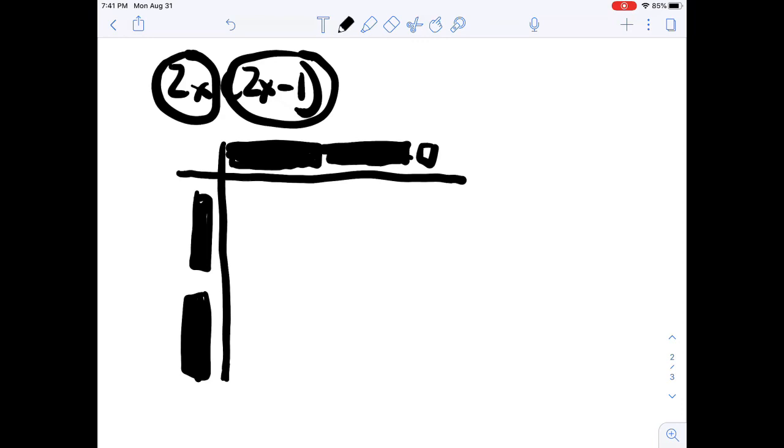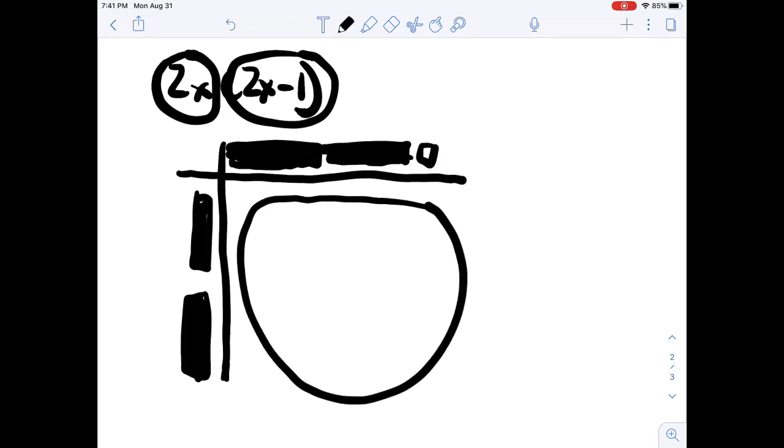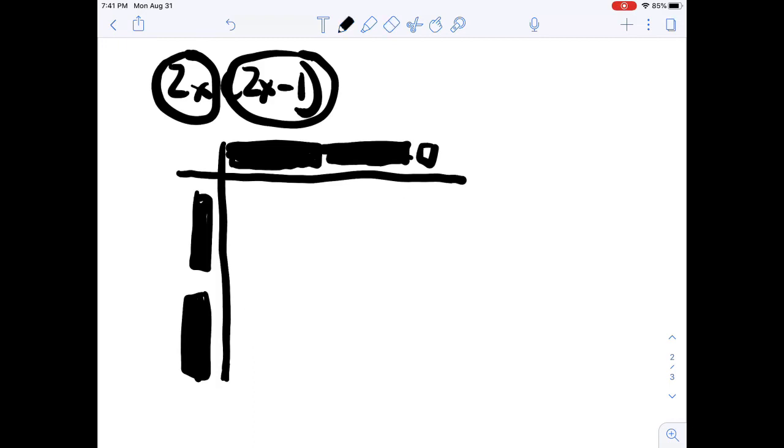And the result of multiplying these two together is going to be shown in this area right here. So I'm just going to erase that circle. That was just to indicate where the space was. So we're going to solve this problem before we draw out the tiles.